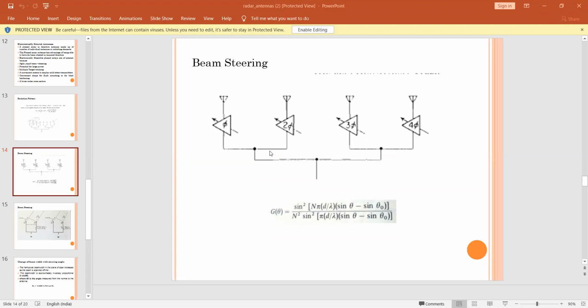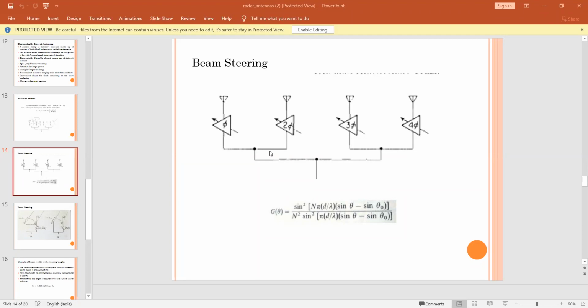Equal length of the line between the elements and the transmitters is desired, but it is not always possible. This is a very important thing to be known. The phase at each element should be the same, other than that introduced by the phase shifter.